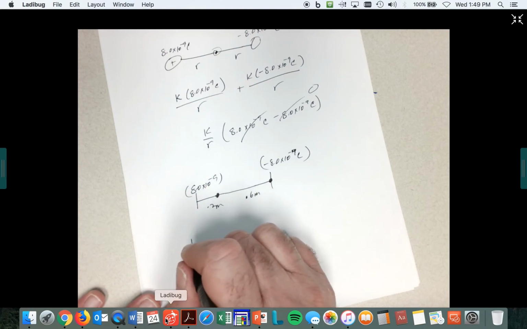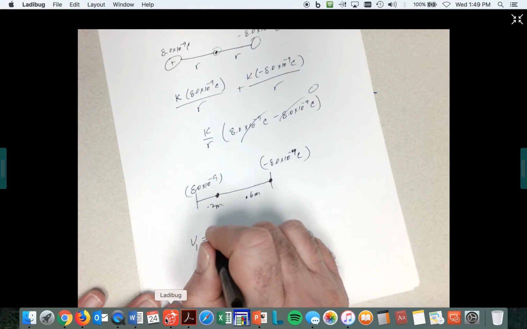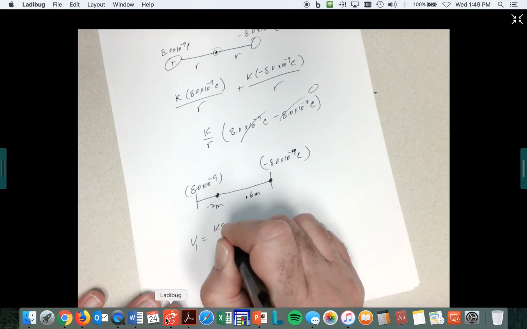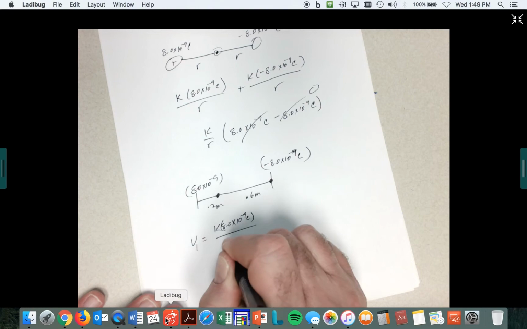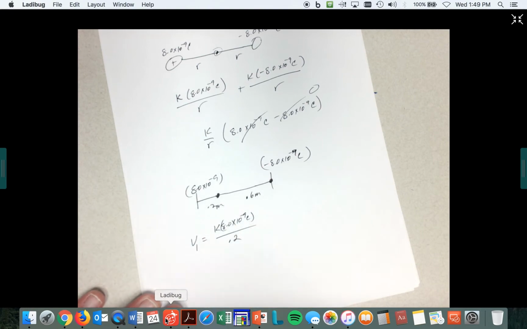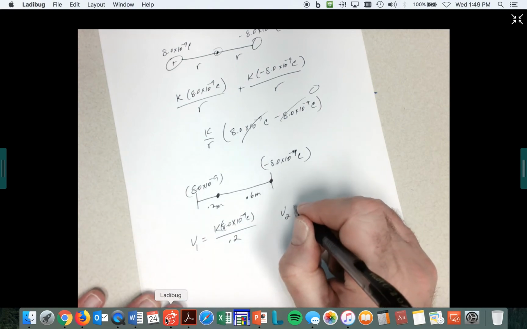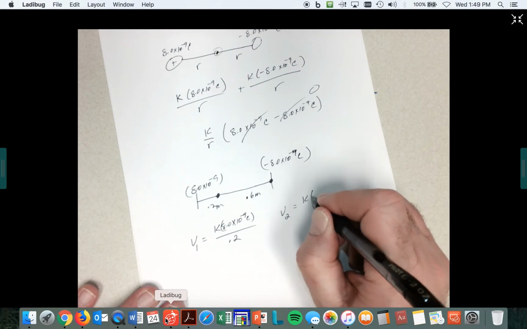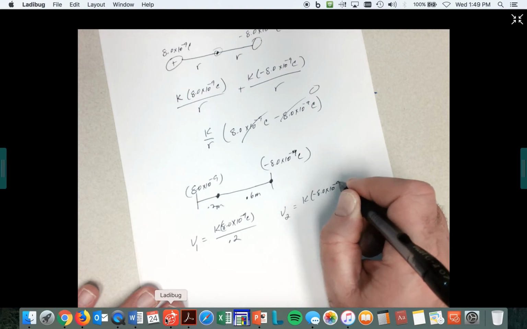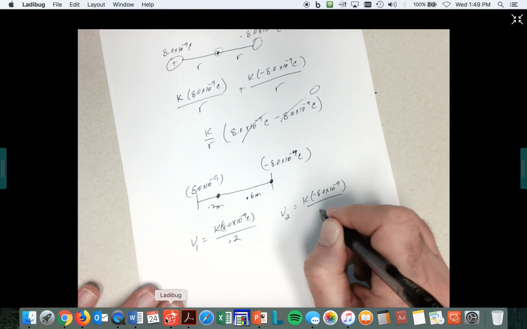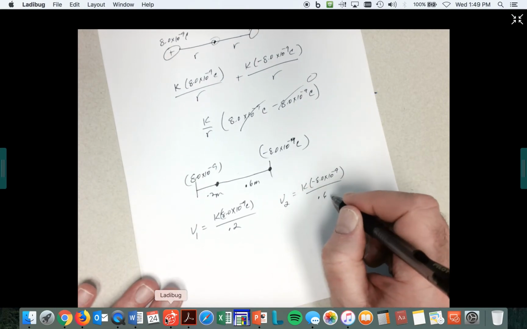Because we're going to get V1 is equal to K over 8.0 times 10 to the negative 9 coulombs over 0.2. V2 is equal to K over negative 8.0 times 10 to the negative 9 over 0.6 meters.